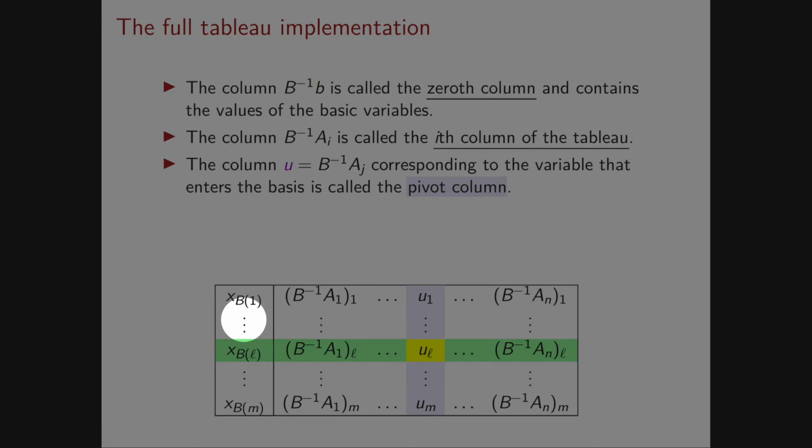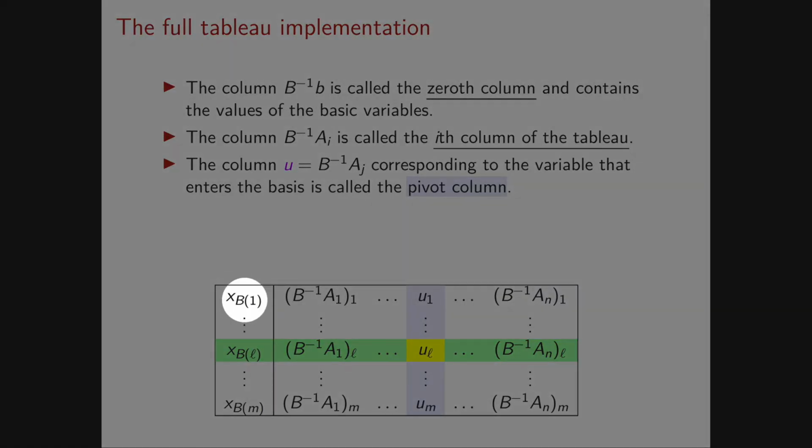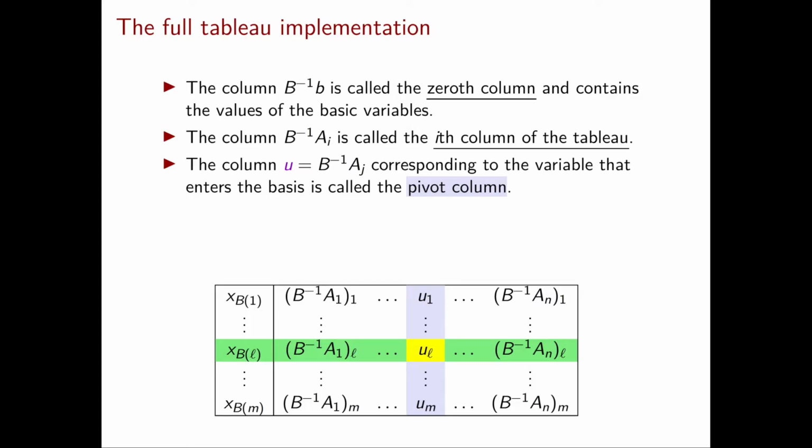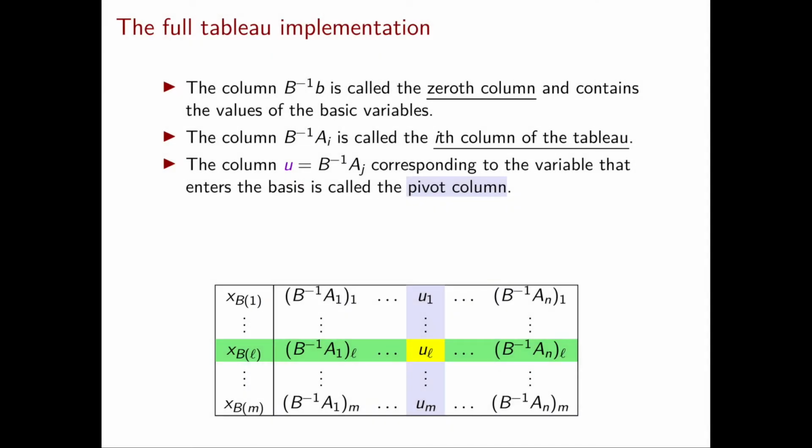Therefore, the 0th column contains the values of the basic variables of our current basic feasible solution. This means that the 0th column has entries xB(1) until xB(m). So this column tells us everything we need to know about the current basic feasible solution. In fact, the components that are not written here are the non-basic ones that we know are set to 0.